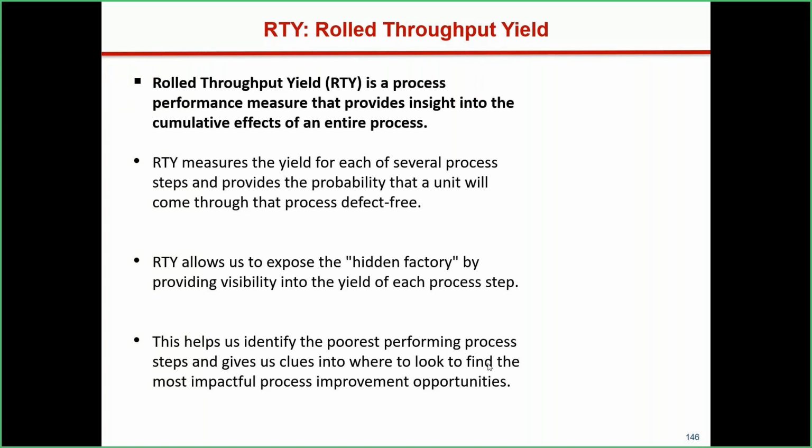Whatever is the output of the process before me becomes an input for me. Whatever is my output becomes input for the next process. So this helps us to identify the poorest performing process steps, and gives us clues into where to look to find the most impactful process improvement opportunities.